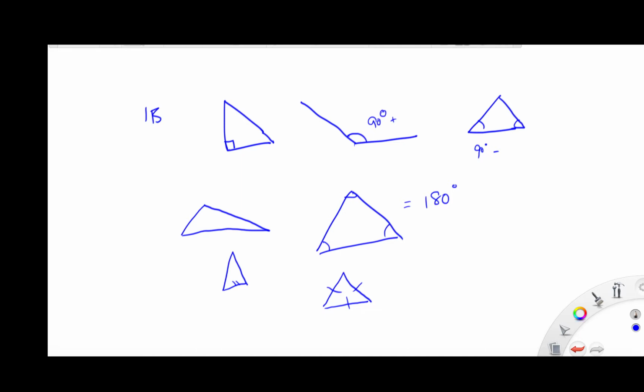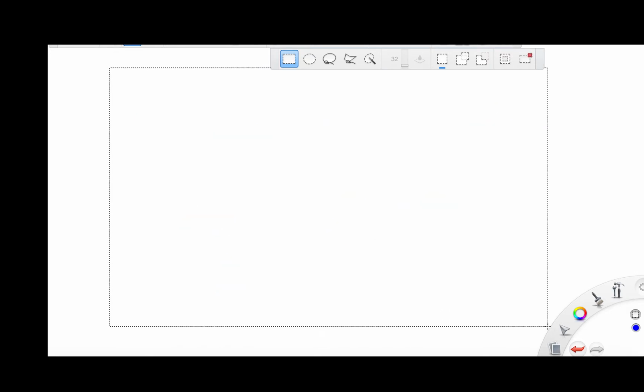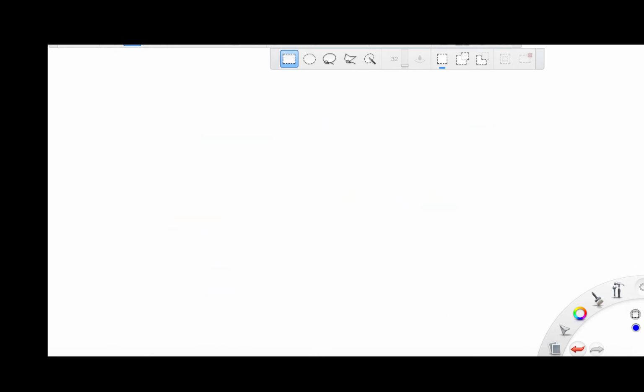Now, we're going to do some math with this, and I want you to go to the next page where you're going to see 1.1. And you're going to look at an example that looks like this. So you've got an isosceles triangle, which means that 2 sides are exactly the same, okay, because of those tick marks.